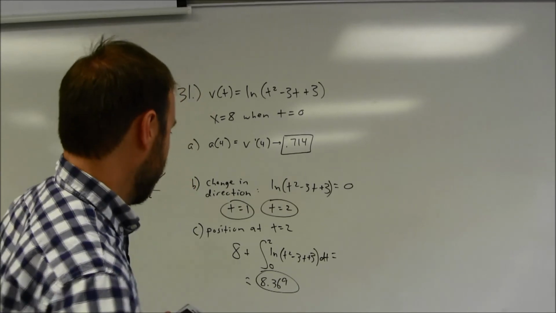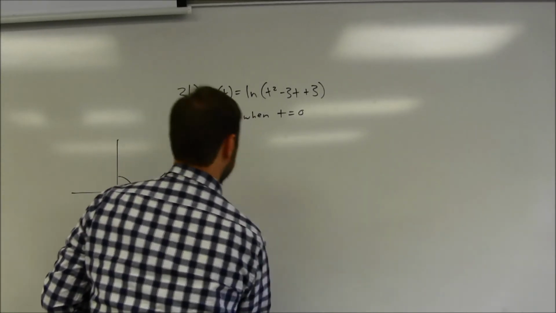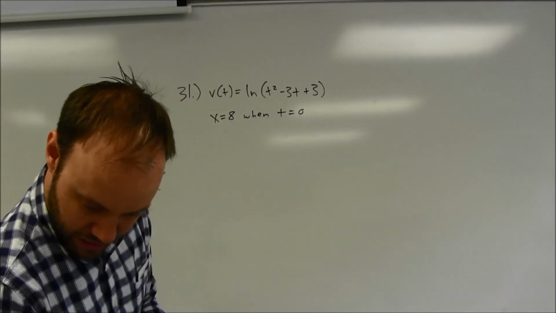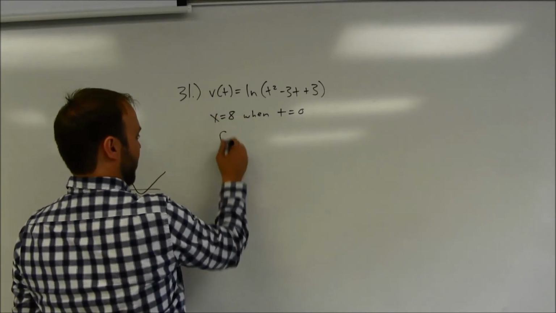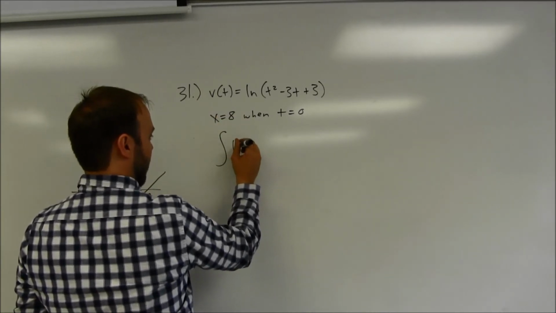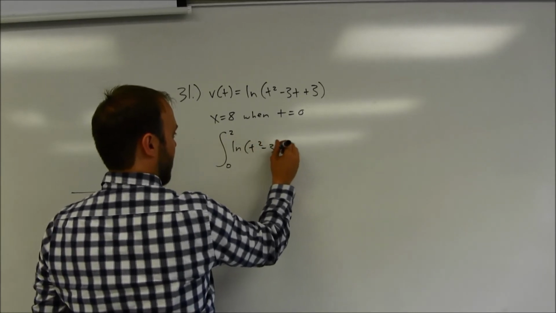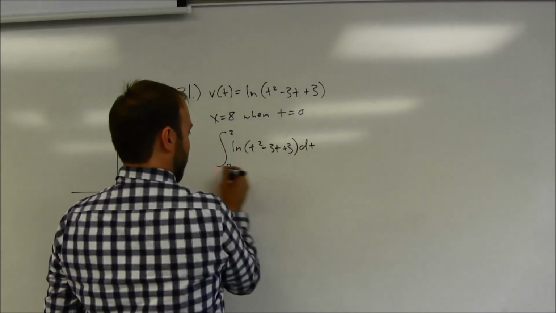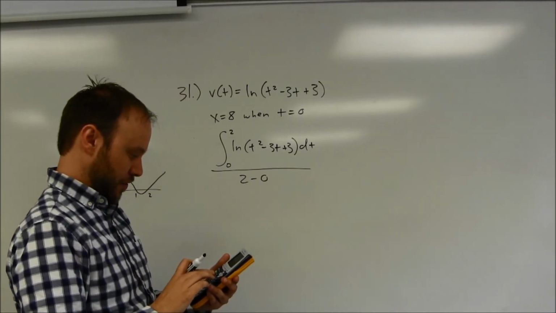And then part D asks me to find the average acceleration, or no, it asks me to find the average velocity from 0 to 2. So the average value of the function is just the integral over that time interval divided by the length of the interval. So I'll take that integral there.